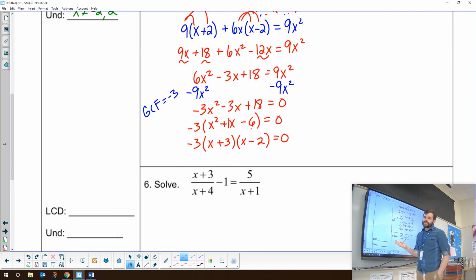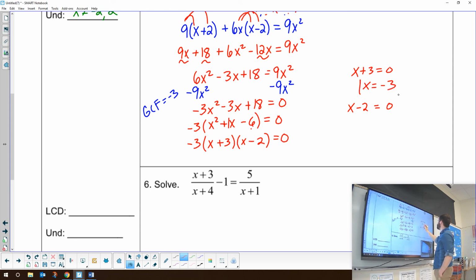So we're very close to solving. All I got to do is set both of those factors equal to 0, and we got our answer. So we can go x plus 3 equals 0 and x minus 2 equals 0. If x plus 3 equals 0, we just got a minus 3. We get our first answer of x equals negative 3. Add 2 to both sides, we get our second answer of x equals 2.